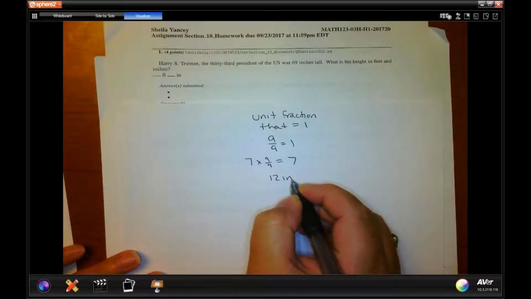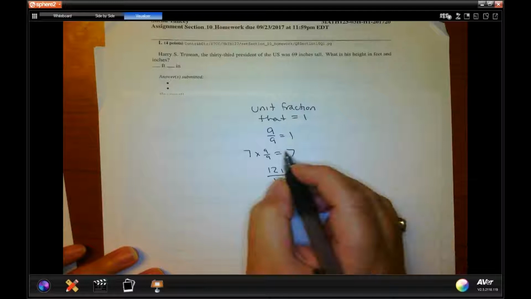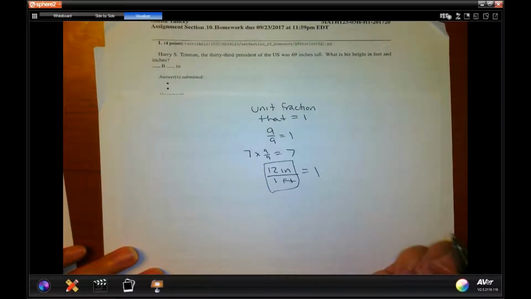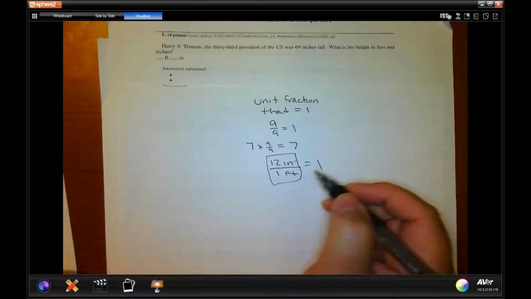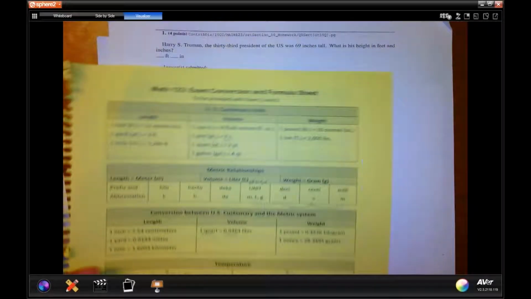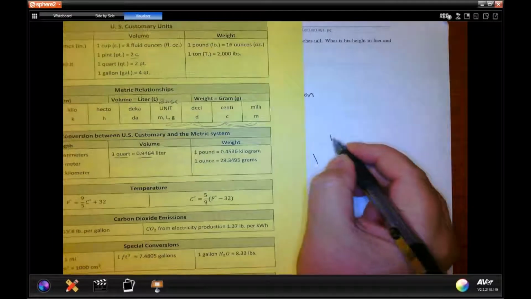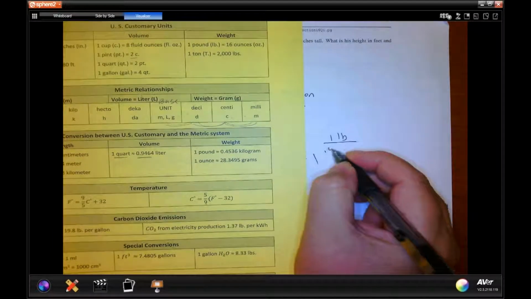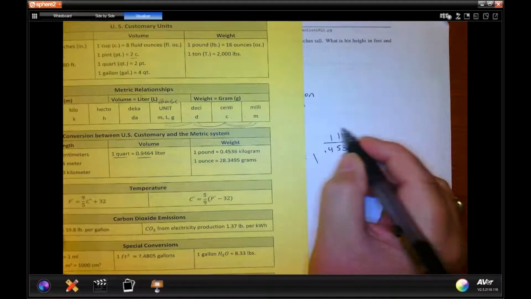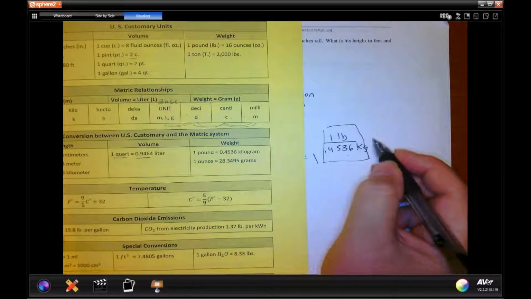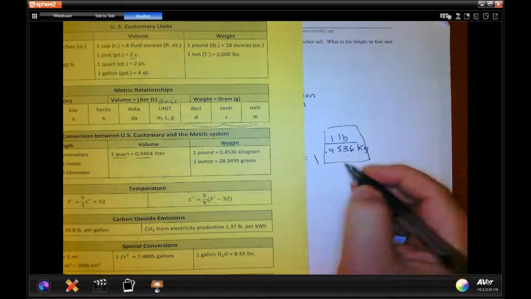Most of you know this measurement. 12 inches over 1 foot. That's a unit fraction because that's equivalent to 1 because these are equal. Well, some things you might not know are right here. If these are equal, we can multiply something by this, and it's not going to change the value because this is equal to 1 because they're equal.